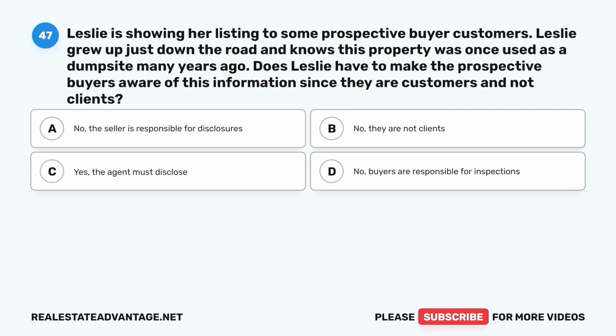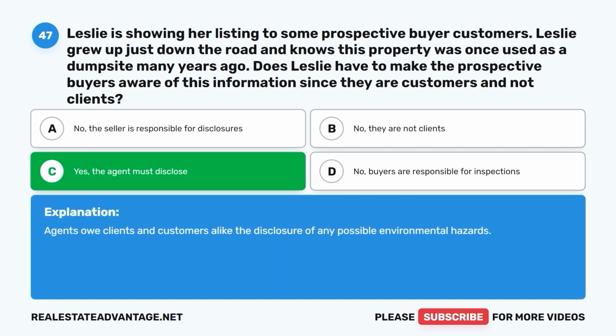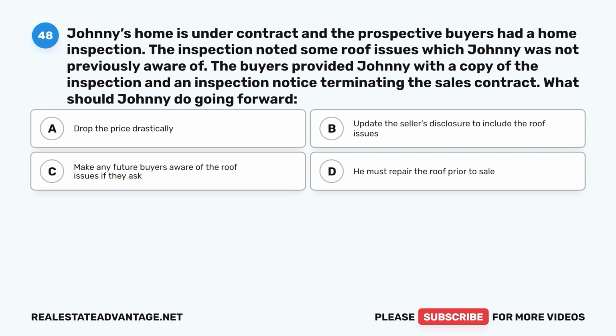B. No, they are not clients. C. Yes, the agent must disclose. D. No, buyers are responsible for inspections. The correct answer is C. Yes, the agent must disclose. Agents owe clients and customers alike the disclosure of any possible environmental hazards. Question 48.